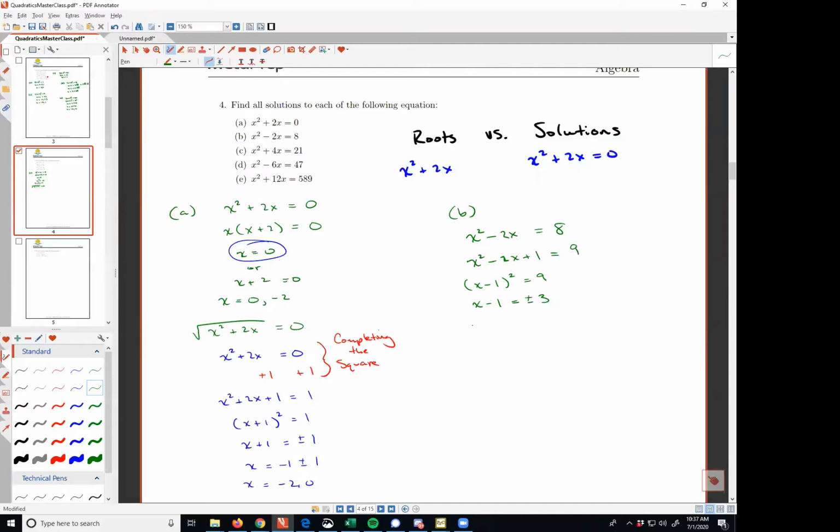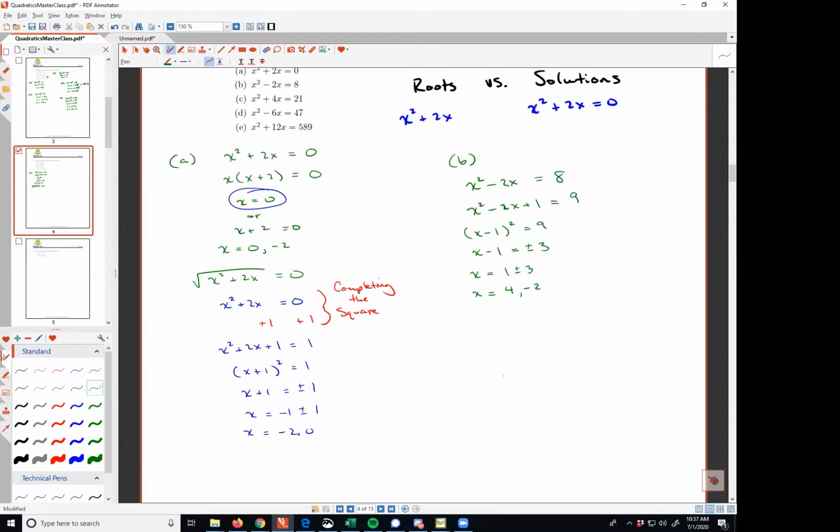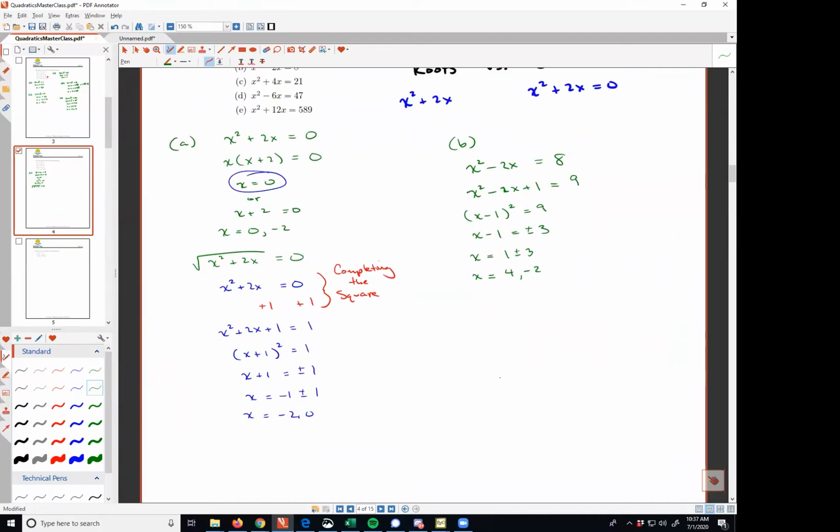And what are our solutions? 4 and -2. Let's take a look at part C. This one's a little bit harder.